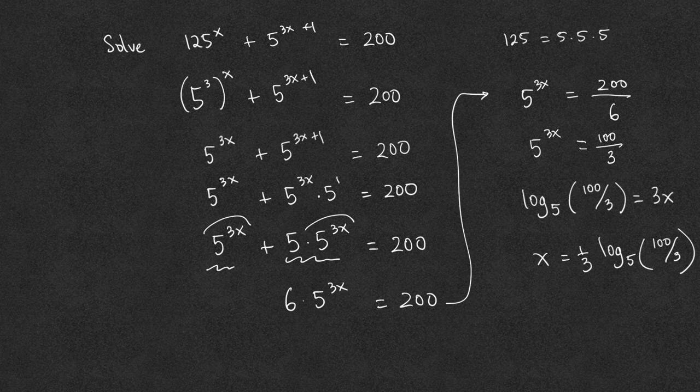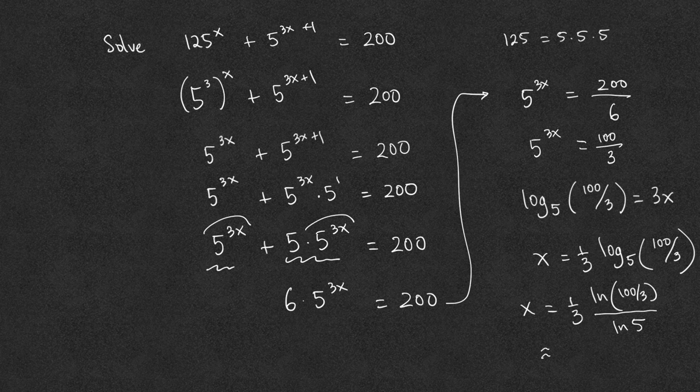But if we use an ordinary calculator, we can do a change of base and rewrite this as ln of 100 over 3 divided by ln of 5, or we can do 1/3 times log of 100 over 3 divided by log of 5.